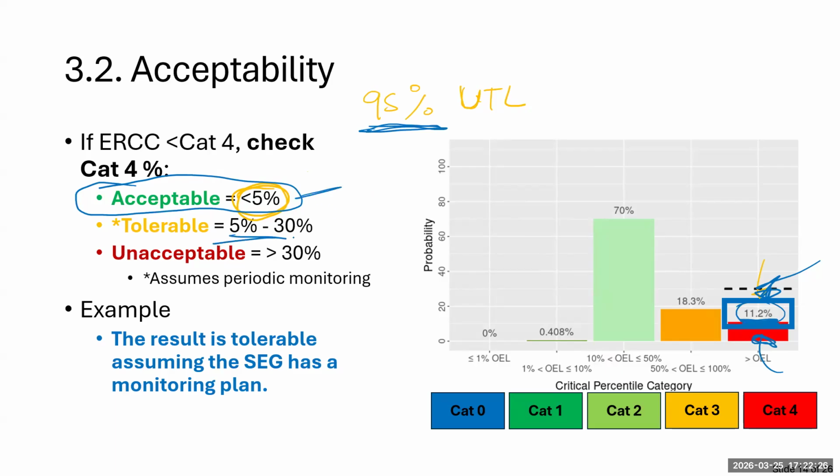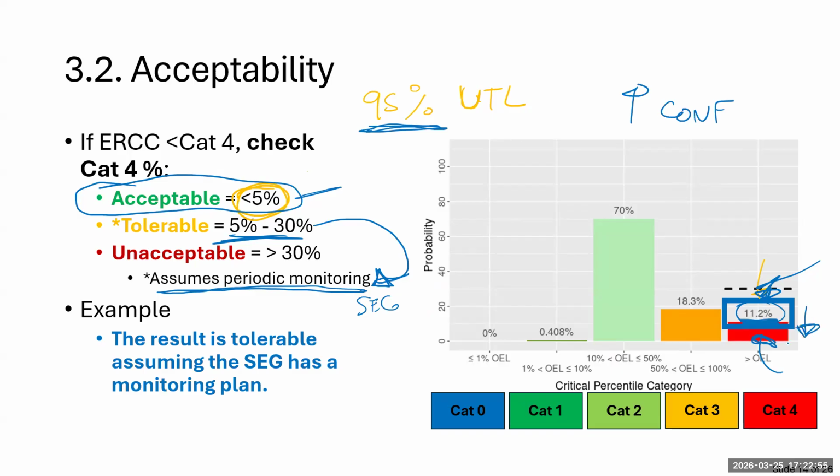If it's between 5 and 30, we call it tolerable, assuming that we're going to continue monitoring, meaning we're going to take more samples. We're going to continue sampling this SEG for this exposure to add data. What that's going to do is increase our confidence and the certainty that we have surrounding this. Hopefully it brings that number down.